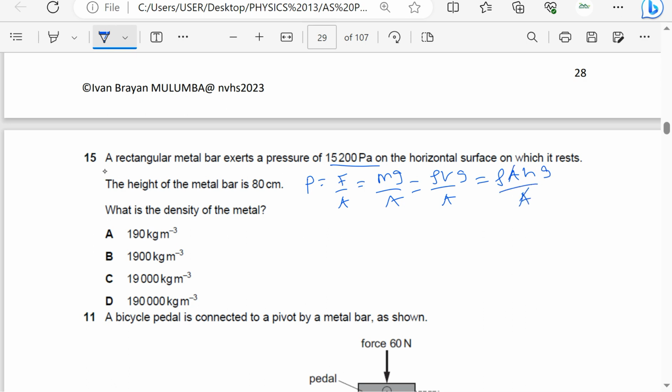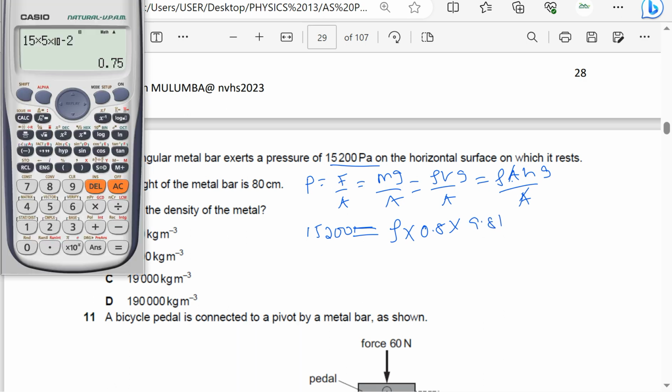In other words, pressure, which is 15,200 pascals, equals the density, which is required, times the length, which is 80 centimeters, so this will be 0.8, then times g, which is 9.81.